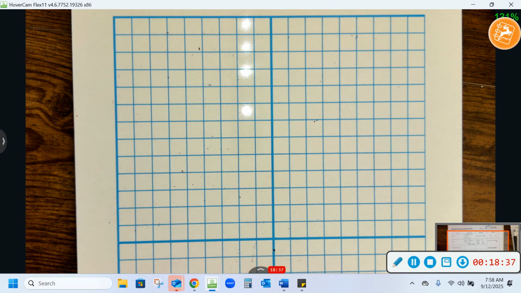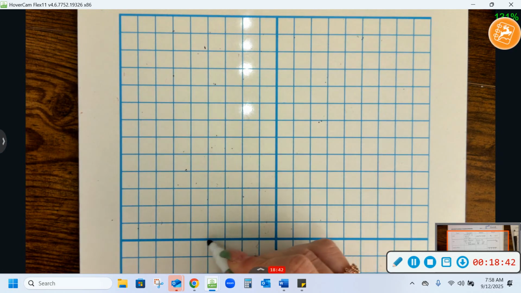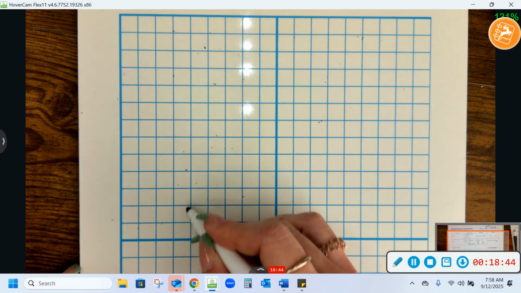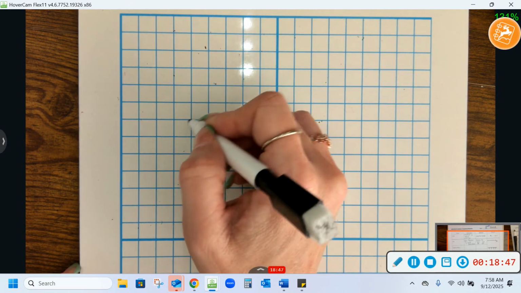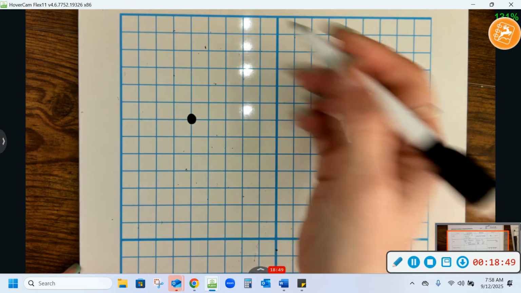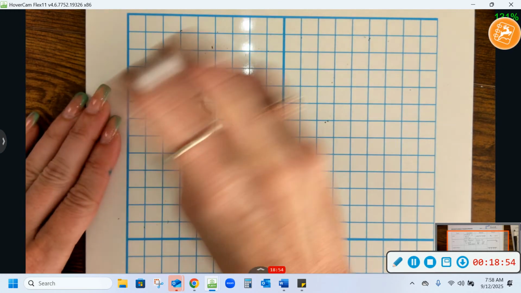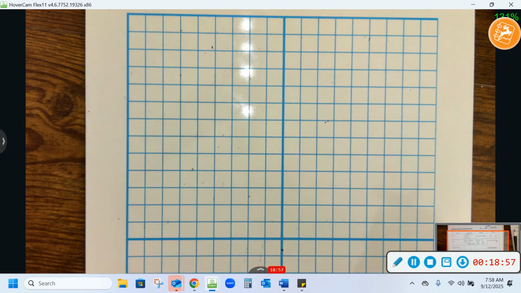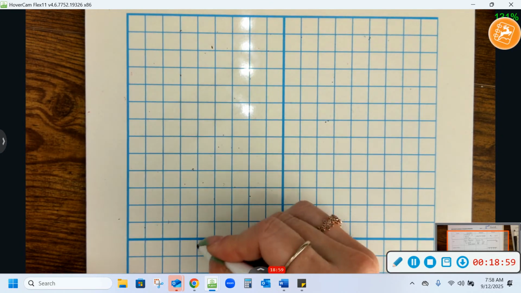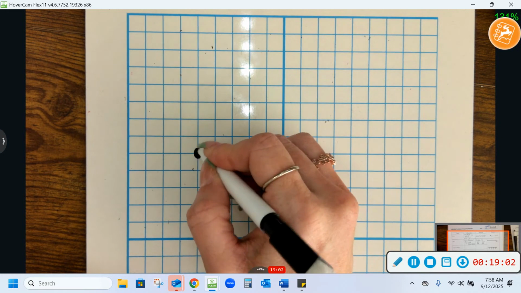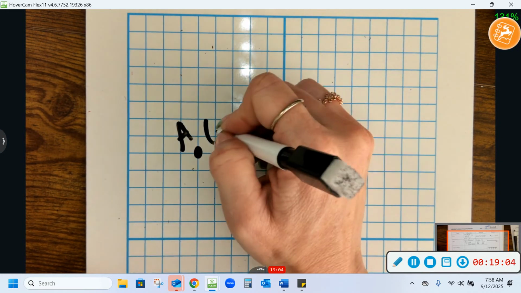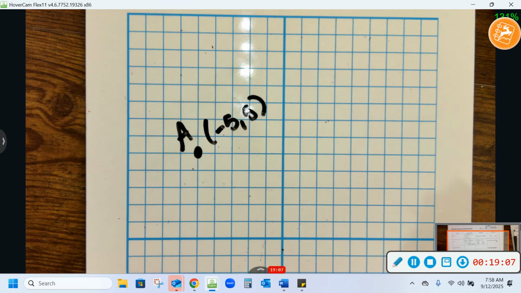So go ahead and plot A and B on your board. Oh, I did the wrong one. And after you plot your point, write your coordinate point numbers right beside it so that you have that and you don't have to keep going back and forth from your paper.